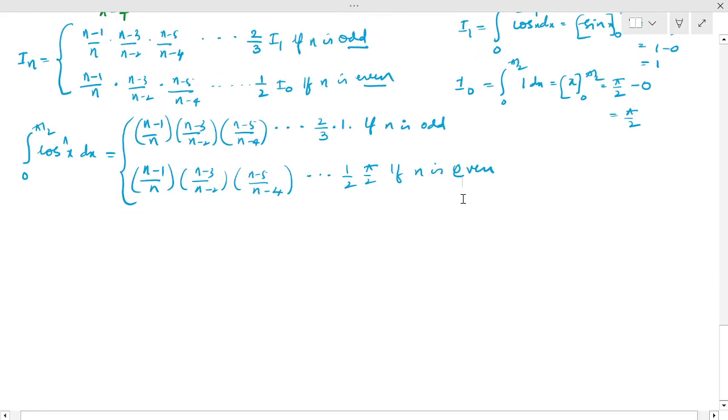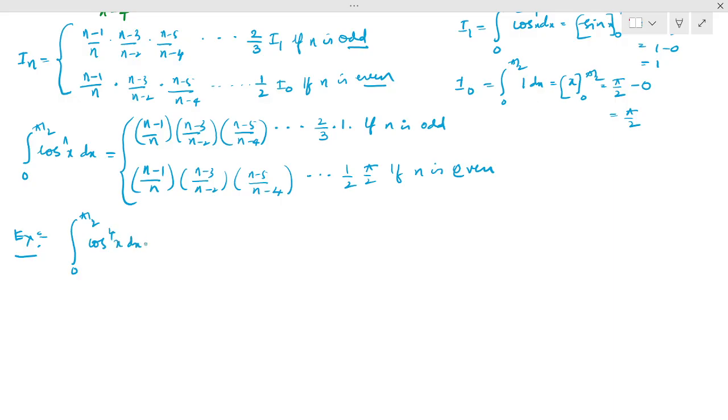Let us find out one or two examples, just looking at the application of this reduction formula. Let us find out the integration from 0 to pi by 2 of cos raised to 4x dx.